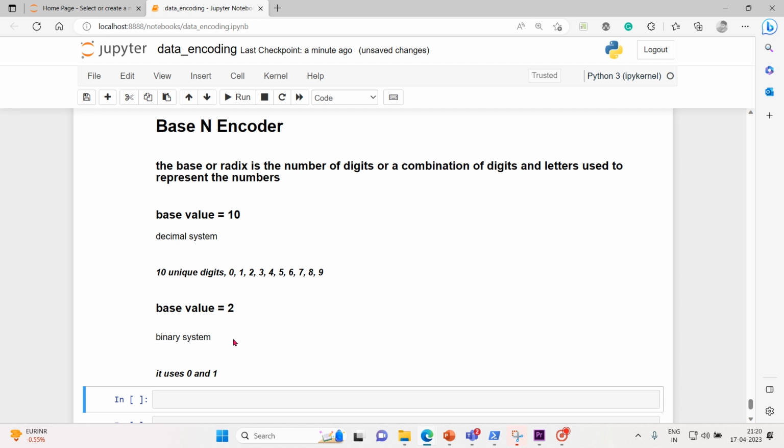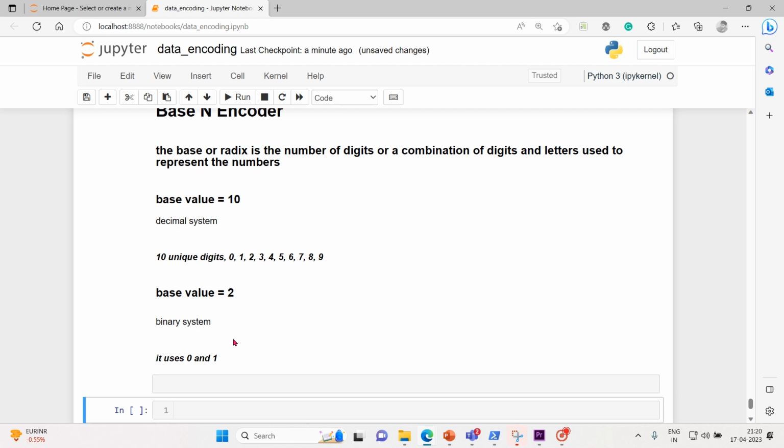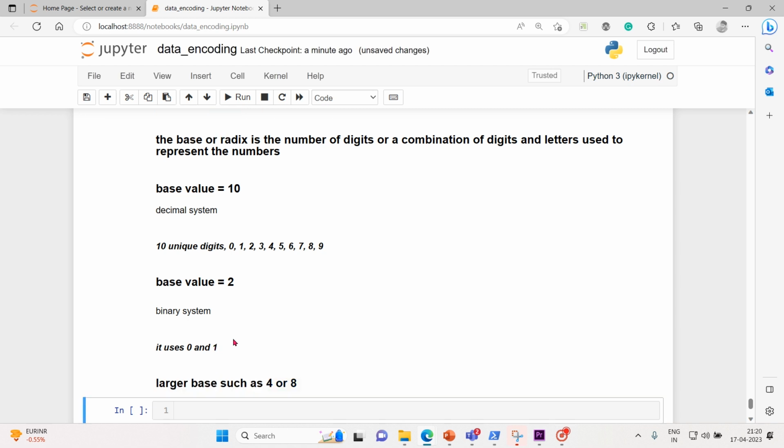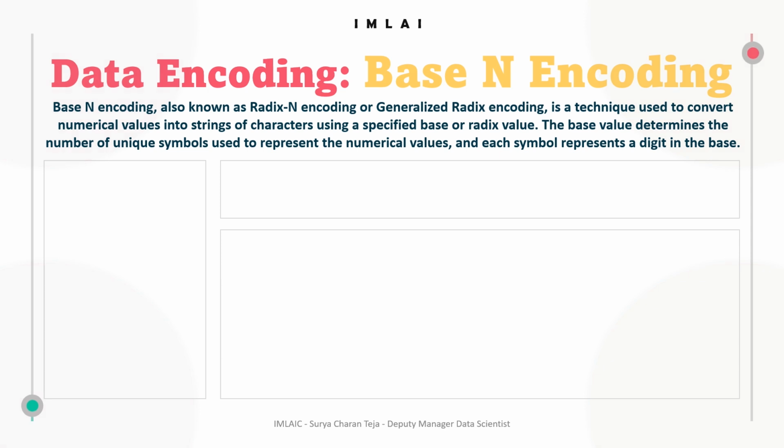In the case when categories are more and binary encoding is not able to handle the dimensionality, then we can use a larger base such as 4 or 8. So this is the base system.